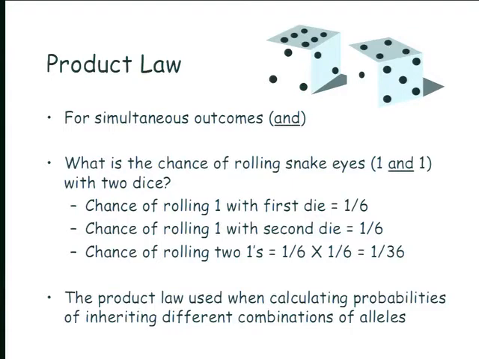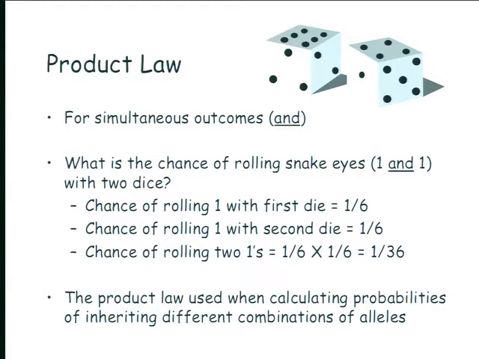The chance of rolling 1 with the first die is 1. Obviously, that's only one side, out of a possible total number of events, which is 6, because there are 6 sides to the die. The chance of rolling 1 with the second die, because it's exactly identical to the first die, is the same. So 1/6 probability of rolling 1 with the first die, rolling 1 with the second die has the same probability.